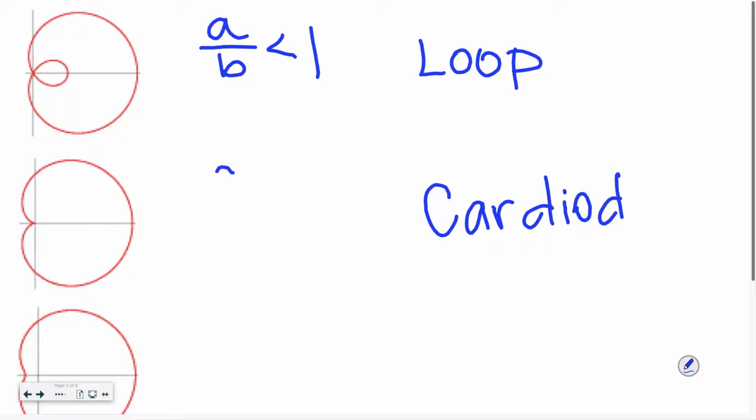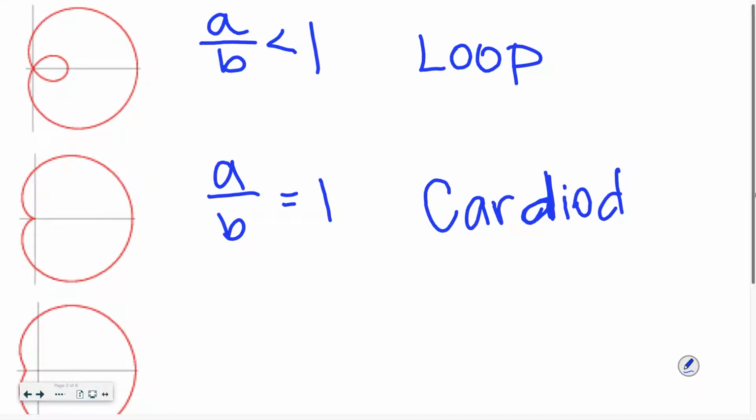This happens if a divided by b equals 1. So what does that mean about a and b? They're the same. When a and b are the same, we have a cardioid. I will forgive you if you spell this wrong. In fact, it could be spelled wrong on the key. Just go with it.